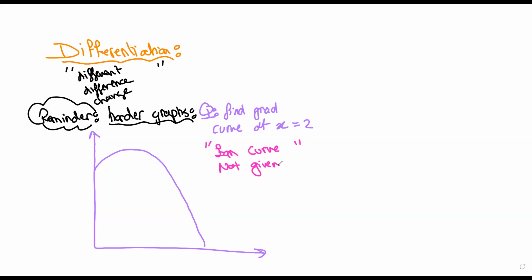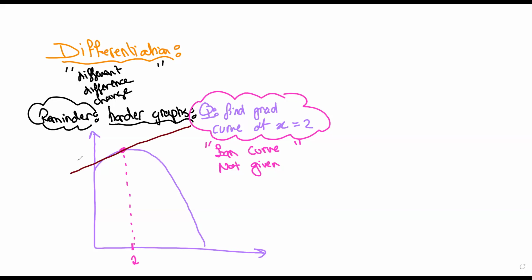I'm just given the graph. فكنا بنحل السؤال ده ازاي if you remember يعني. كنا بنروح عند ال x-axis at 2 and then I go up the curve to find this point over here, and then at this point I would draw a tangent, and then I would calculate the gradient of this tangent using the rule اللي هي y2 minus y1 over x2 minus x1. Okay, so if you remember this from harder graphs.